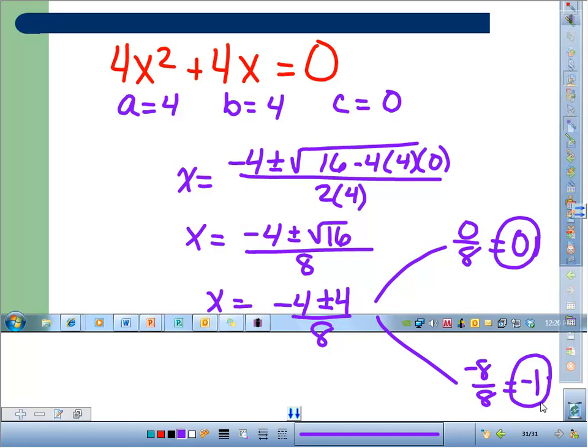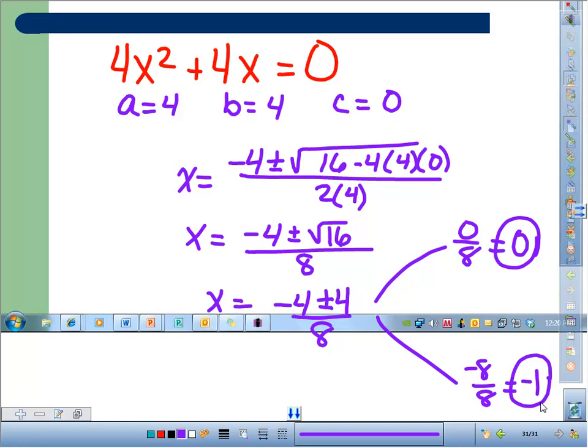Now, this number underneath the radical, the radicand, that number is also called the discriminant when we're dealing with this formula. If the discriminant is positive, how many answers are we going to have? 2, right?